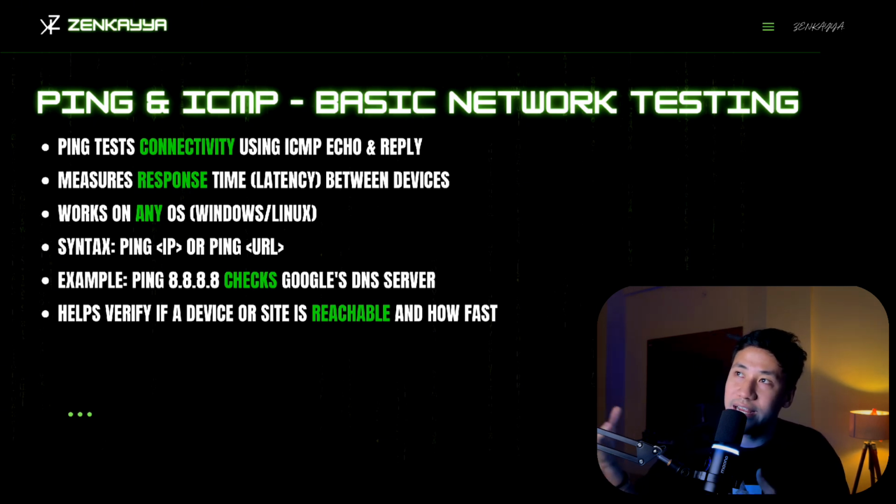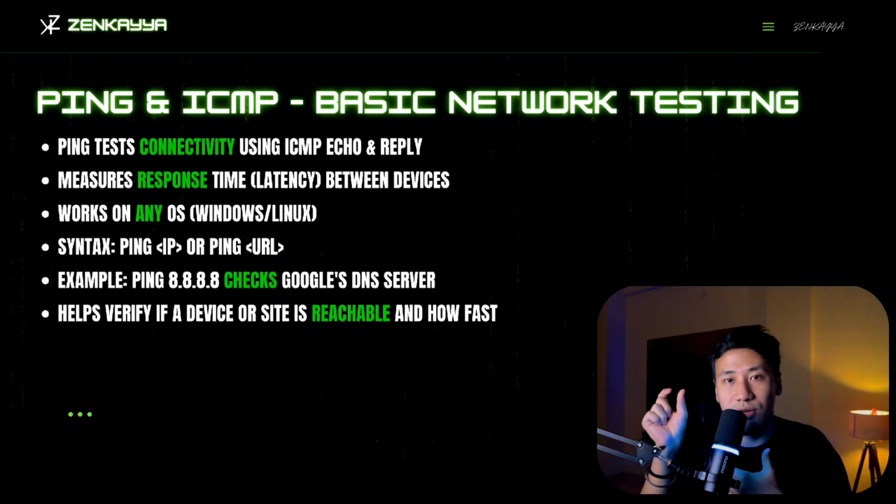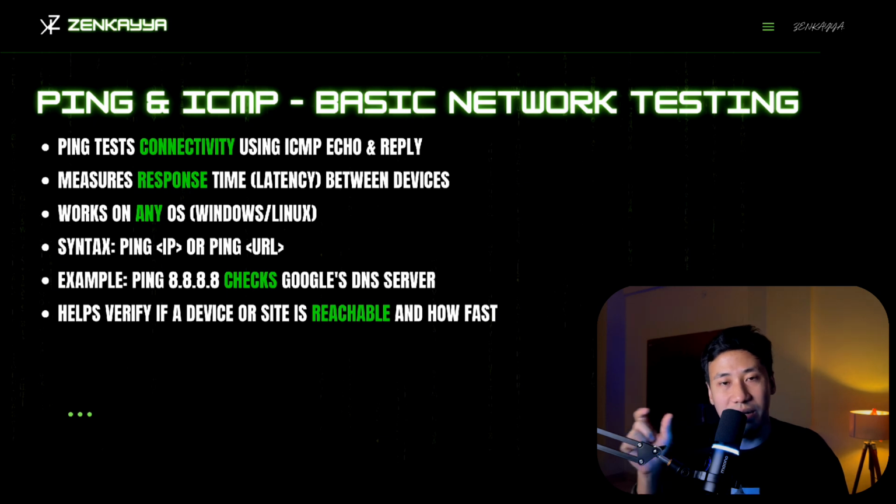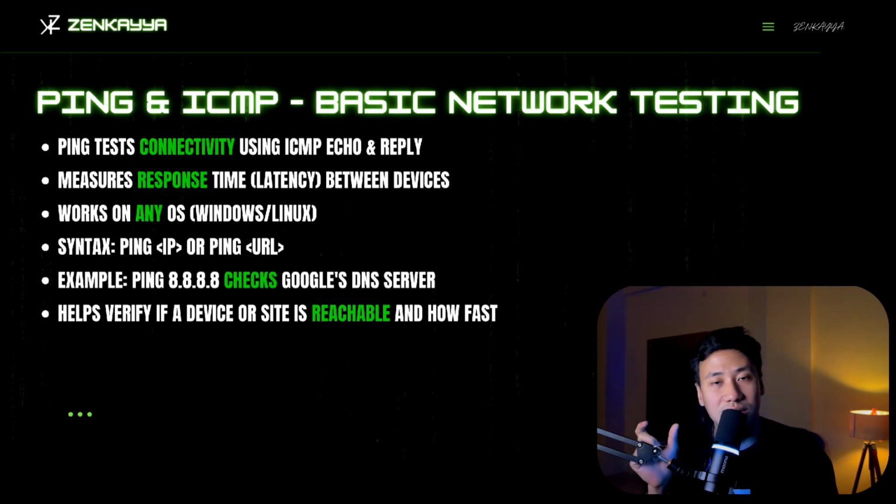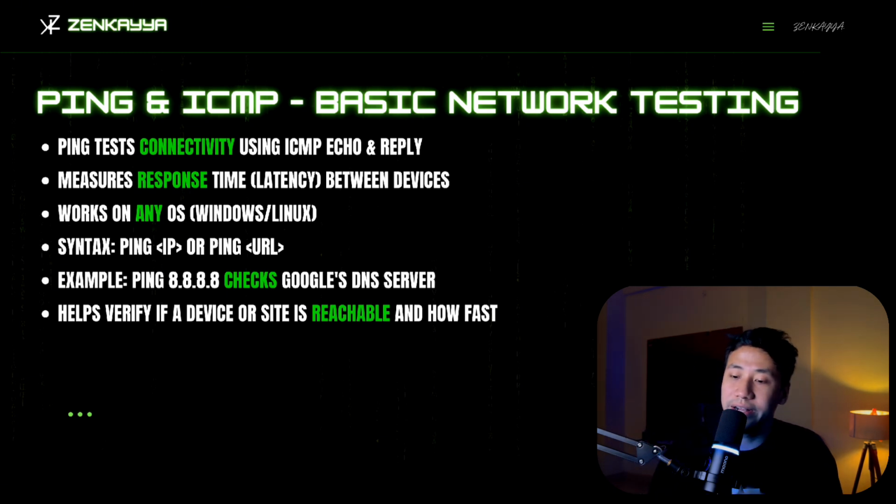Whenever you are getting packets, there will be a time written there, so that you can measure the time. It works on any operating system, Windows and Linux. The syntax is nothing but ping, and you can give it either an IP address or a website name.